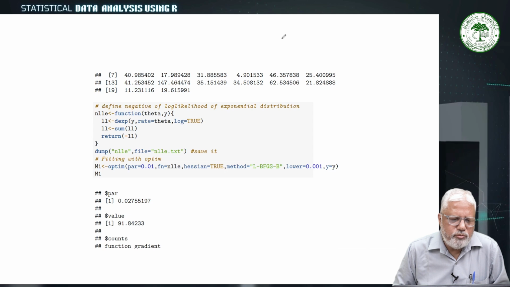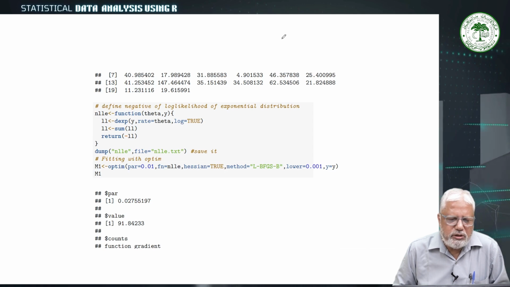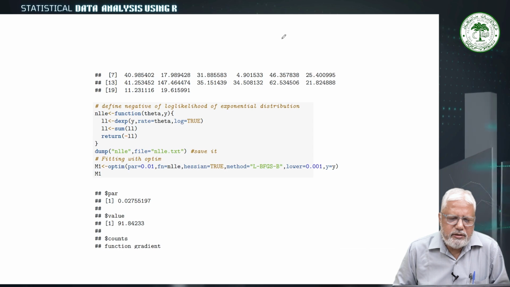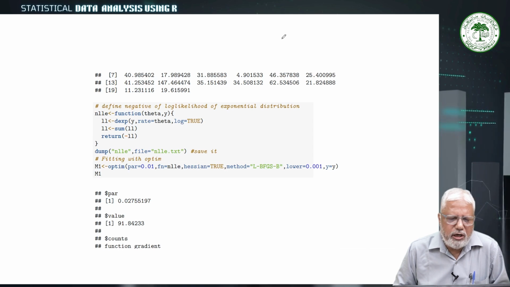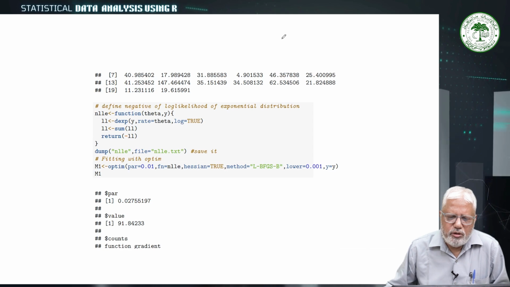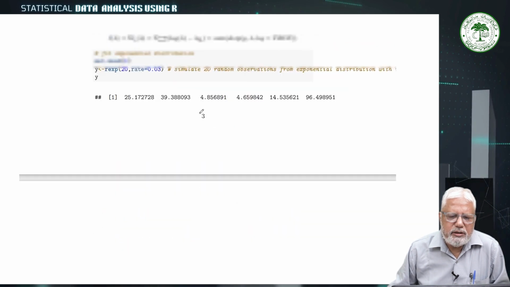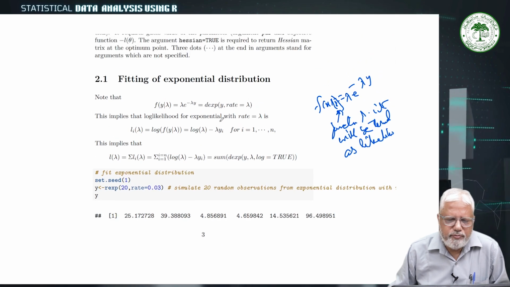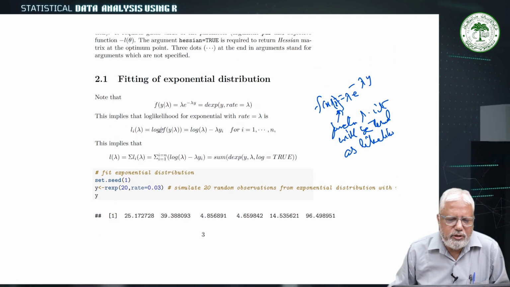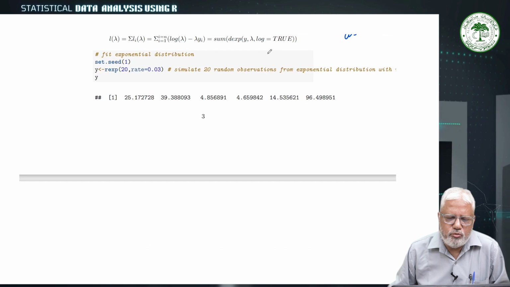So LL is equal to dexp(y, rate = theta, log = TRUE). We write log equal to TRUE because we want the log likelihood; we need the log of these values, and this job will be done by writing log equal to TRUE.